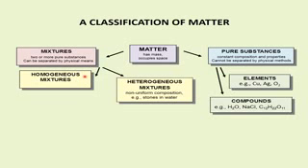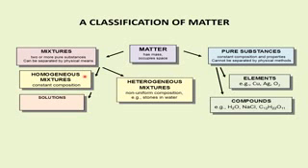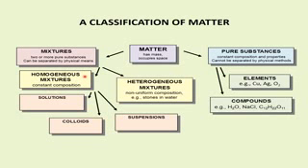By comparison, a homogeneous mixture is one of constant or uniform composition. I want to spend our time looking at the different forms of homogeneous mixtures. And there are three kinds. They include solutions and colloids and suspensions.